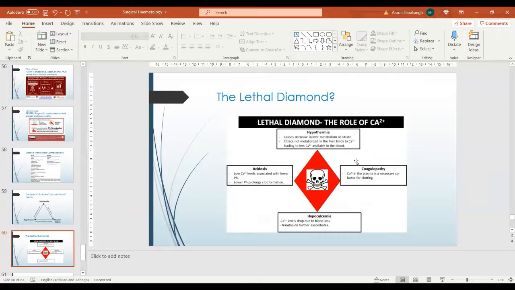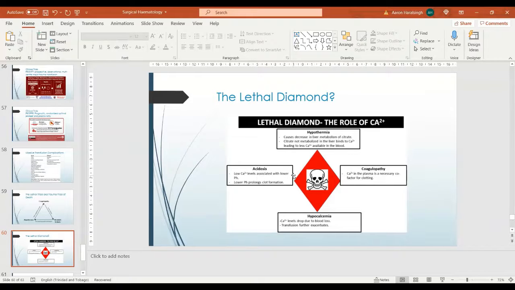There is a role for calcium, and some people are proposing something called a lethal diamond. So it's thought that hypocalcemia can occur due to excessive blood loss, and further transfusion then exacerbates that hypocalcemia. And of course, we know calcium is a very necessary part of the coagulation cascade, so it can lead to coagulopathies because it's a cofactor required for clotting.